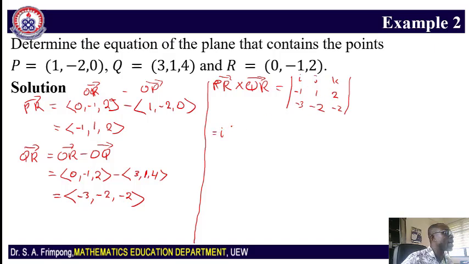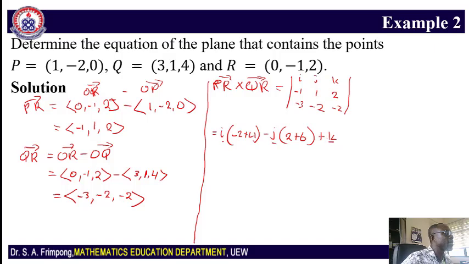This is going to be i, then open the brackets: this time -2 minus -4, which is -2 plus 4. Then minus j: you have -1 times -2, which is 2, minus -3 times 2, that becomes plus 6. Then plus the vector k.